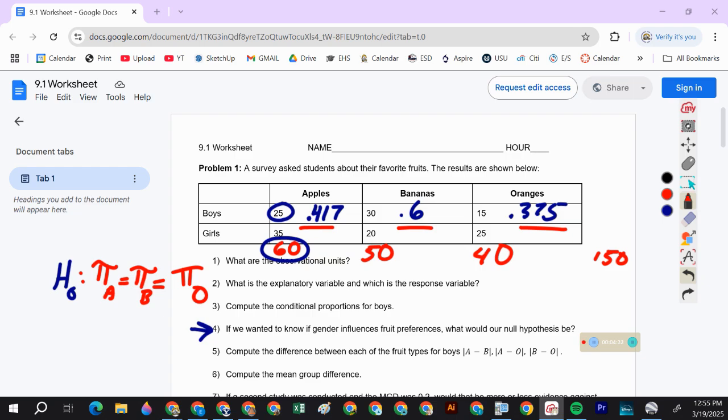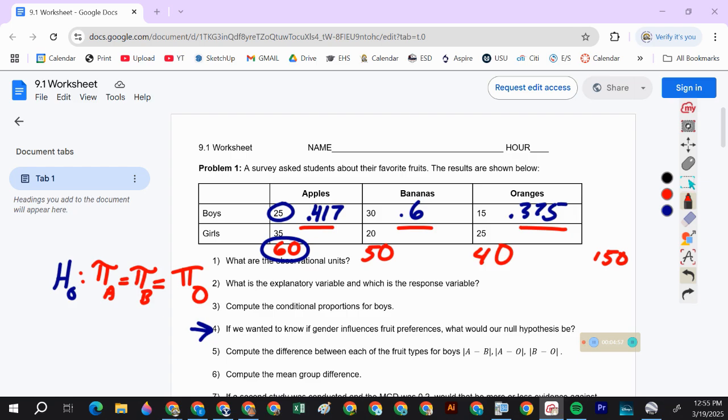All right, so how are we going to measure these differences? The actual measurement equation is super messy, and you'll see that in the next worksheet. So today we're just going to keep it easy. We're going to take the apple percentage and find the difference from the apple percentage and all of the other percentages. And we'll do the same thing with bananas and oranges.